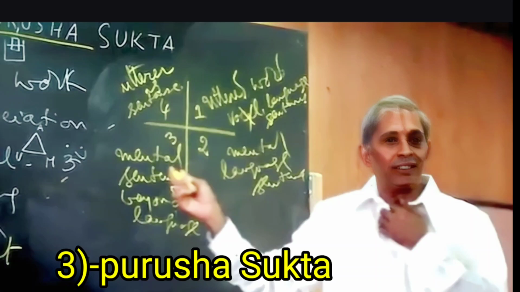See the Gayatri Mantra. See. 1, 2, 3, 4, 5, 6, 7, 8. 1, 2, 3, 4, 5, 6, 7, 8. 1, 2, 3, 4, 5, 6, 7. What is this?